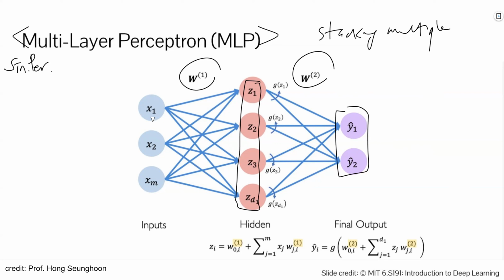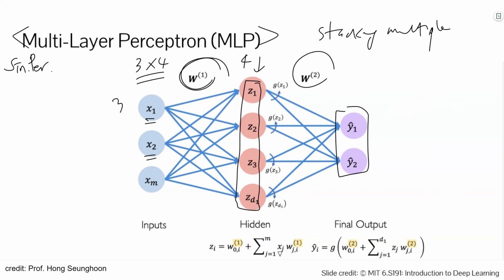And because this vector component and the next vector component are respectively connected to all the components in the hidden layer, if the input vector has 3 dimensions and the hidden layer has 4 components, then there are going to be 3 times 4 connections. And to represent all these connections, a matrix is very useful.